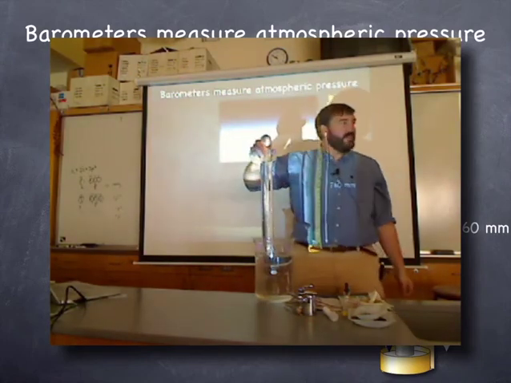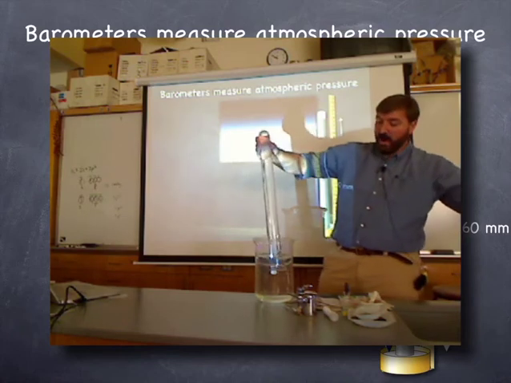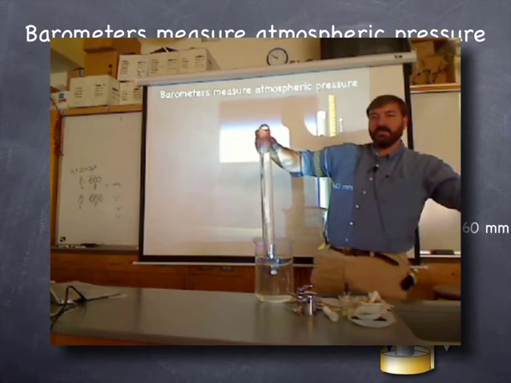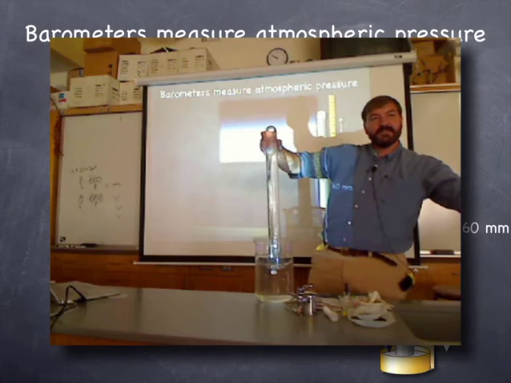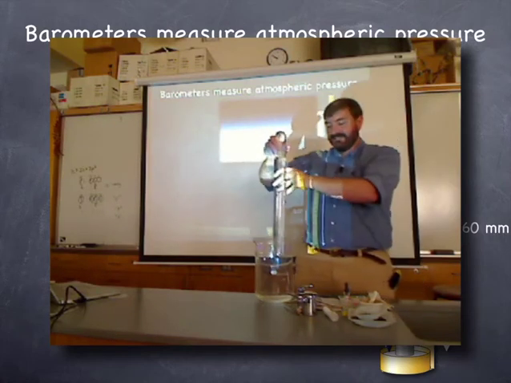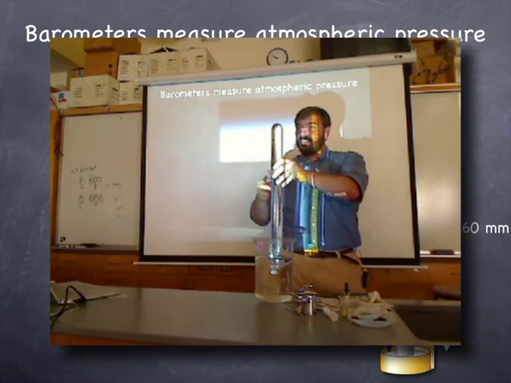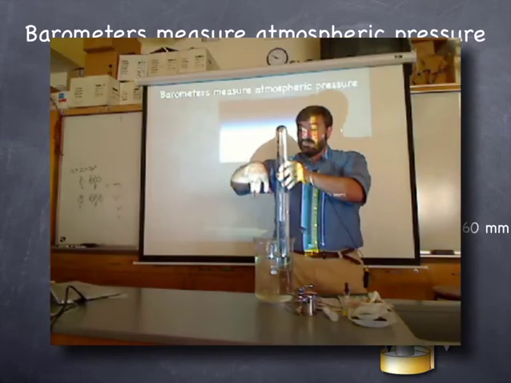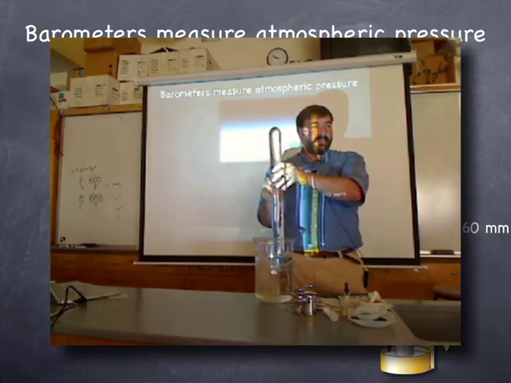And we say, hey, just like in the bathtub, the water doesn't come out. Why not? Is there gravity still pulling on the water? Putting down on the surface area and it's pushing the water up in the tube. What's holding the water in this tube is the atmospheric pressure pushing on the surface of the liquid.